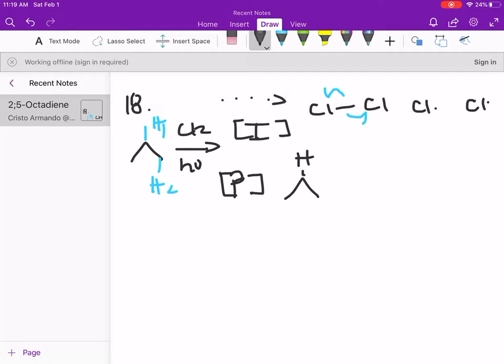If it picks out hydrogen number 1, then what we have is this little half arrow, and then the bond right here, half arrow, and then a half arrow back to the carbon. And so what we end up forming is the propyl group with a radical, and then the H is going to be bonded with the chlorine.